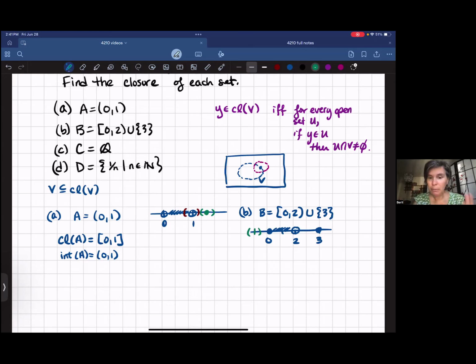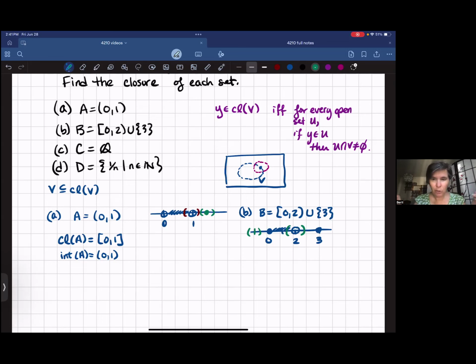So those points below 0 are not in the closure. Okay, what about the point 2 itself? If I draw any open interval around the point 2, will it contain points of B? Yeah, because any open interval that has 2 inside of it will also have some numbers less than 2. And numbers less than 2 will touch B. Okay? So 2 is in the closure.